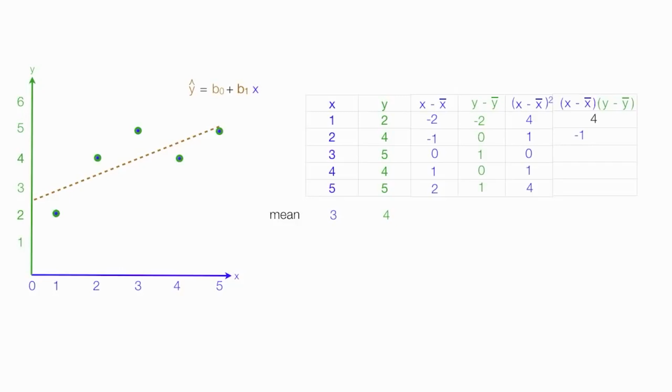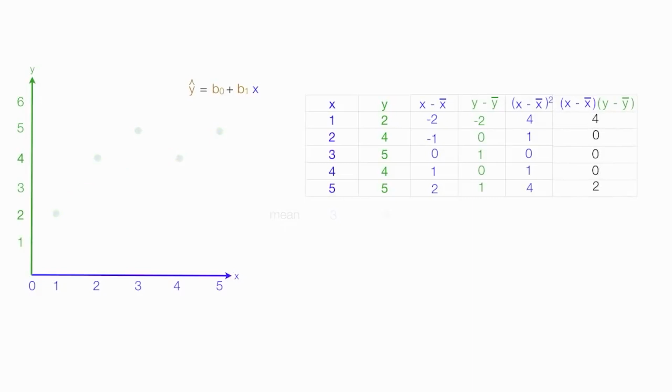The next value is negative 1 times 0, which is 0. Now I have 0 times 1, which is 0. 1 times 0 is 0, and 2 times 1 is 2. Now let me straighten this all up and get that all even there.